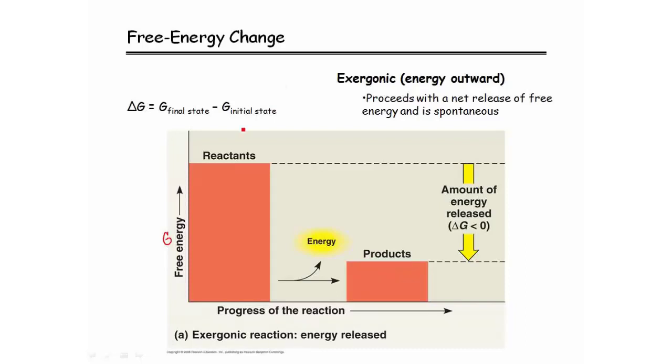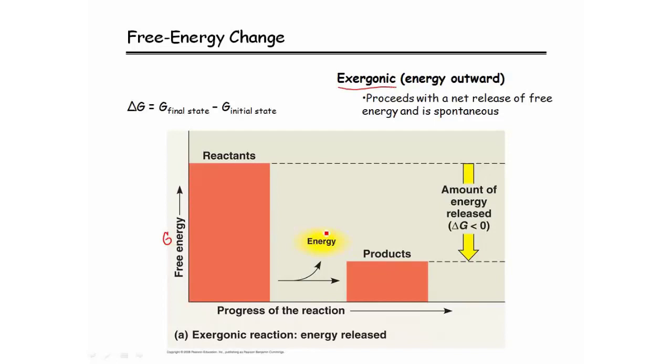In this reaction, we start with a reactant that has a lot of energy, and we end up with a product that has a lot less. This is what we get when we have an exergonic reaction. Now, if we think about that first law of thermodynamics, that law stated that energy is not simply going to disappear.